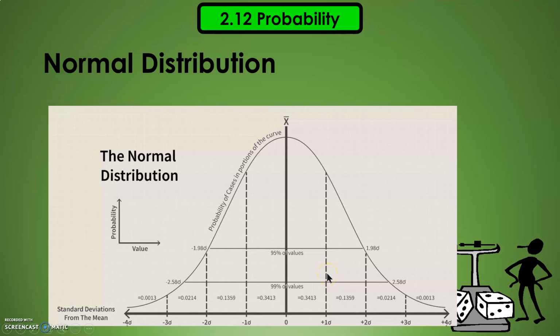We also discussed that normal distribution is found in a lot of different naturally occurring measurements, so things like height, weight, length of a snapper, kiwi egg weight, all sorts of things.